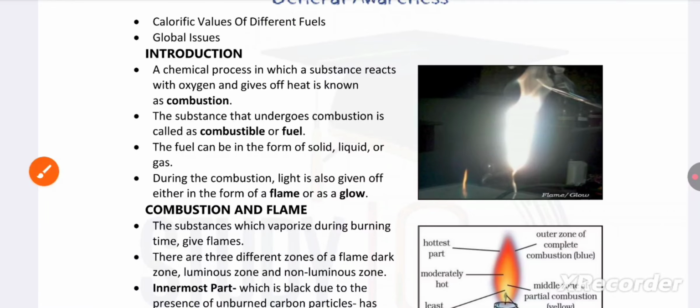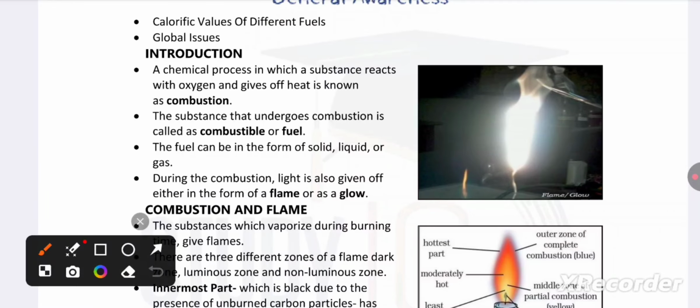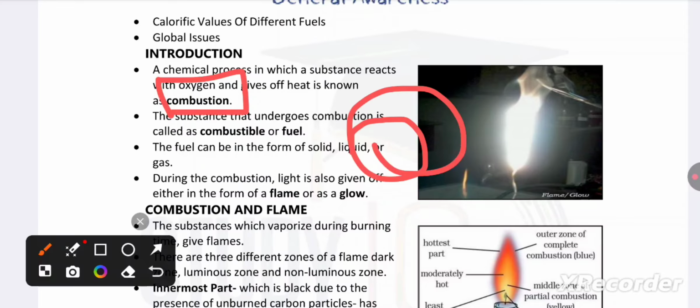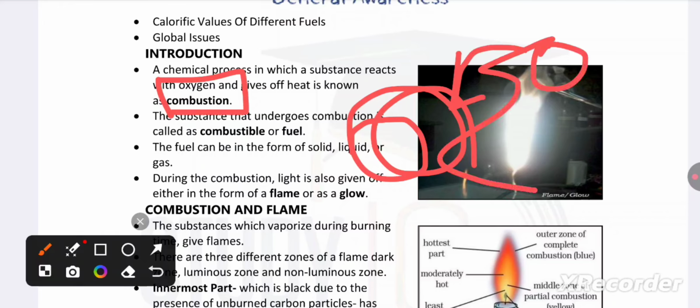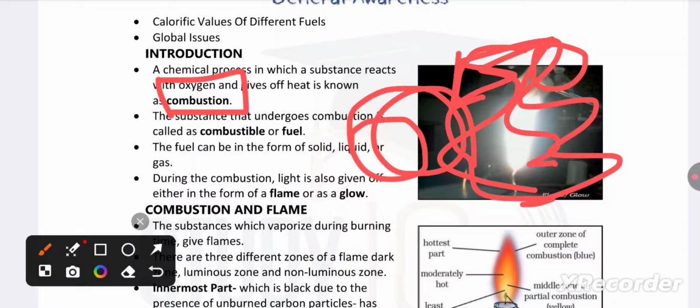Global issues. A chemical process in which a substance reacts with oxygen and gives off heat is known as combustion. Nothing but one chemical reaction occurs, it consumes the oxygen in the atmosphere and gives off heat, that is known as combustion.